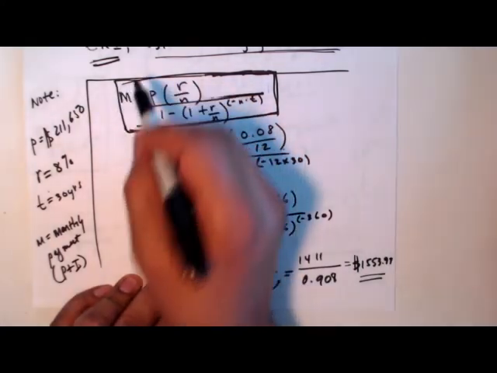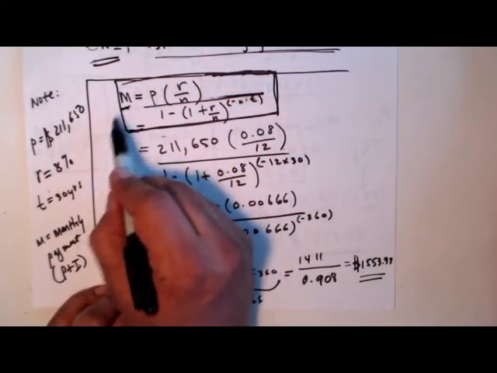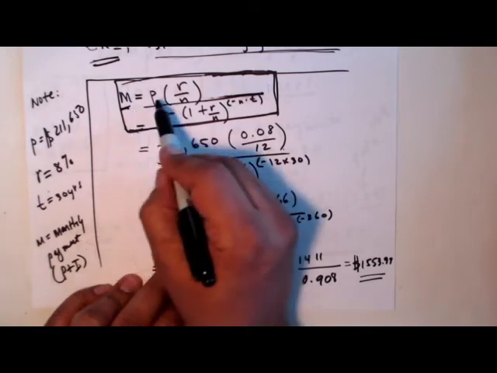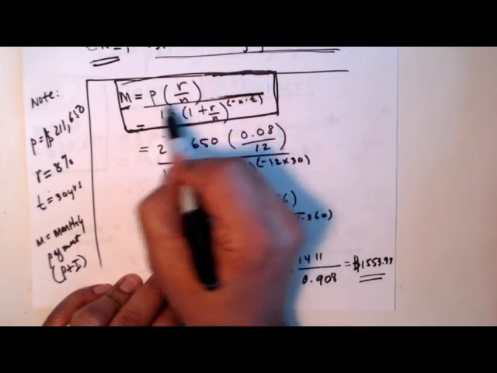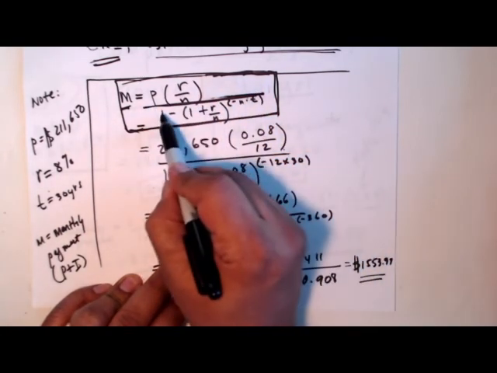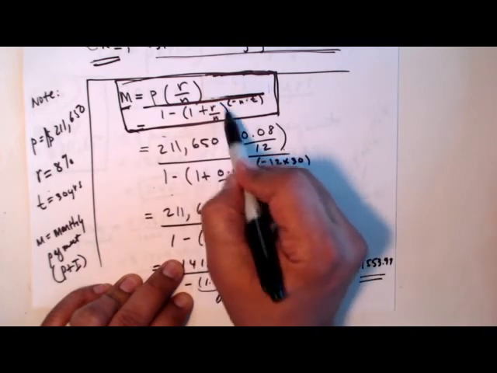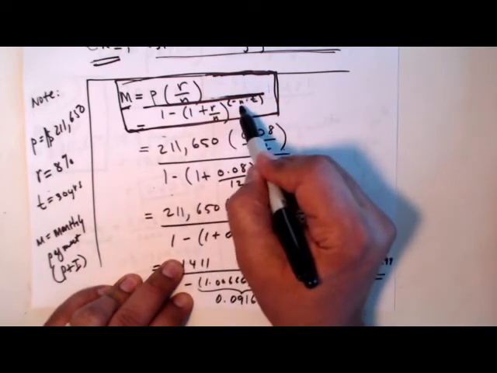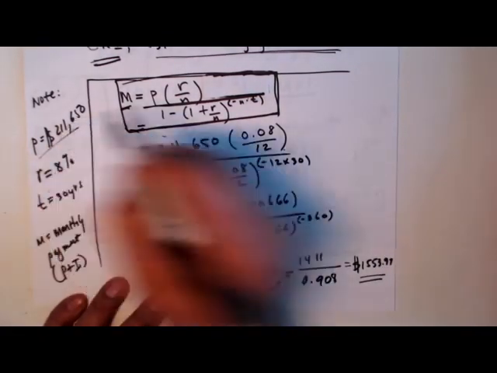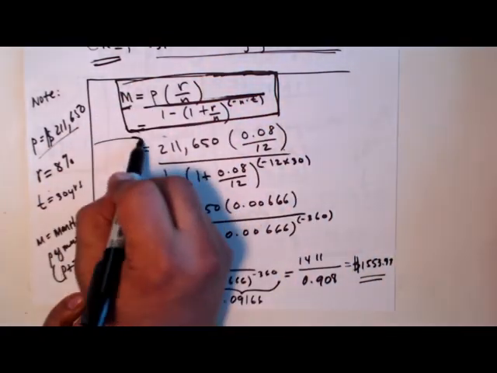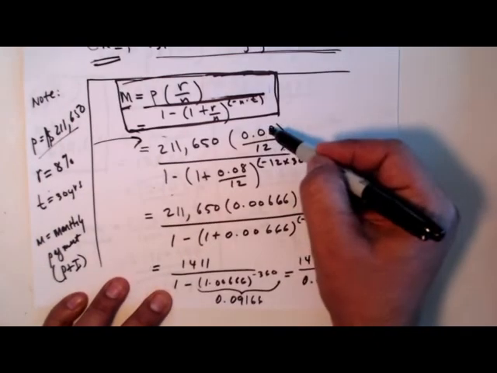We have our formula here. M is equal to P multiplied by R divided by N. All this is divided by 1 minus this factor, 1 plus R divided by N, raised to the minus NT. Now, this is our principal, multiplied by the rate divided by 12.